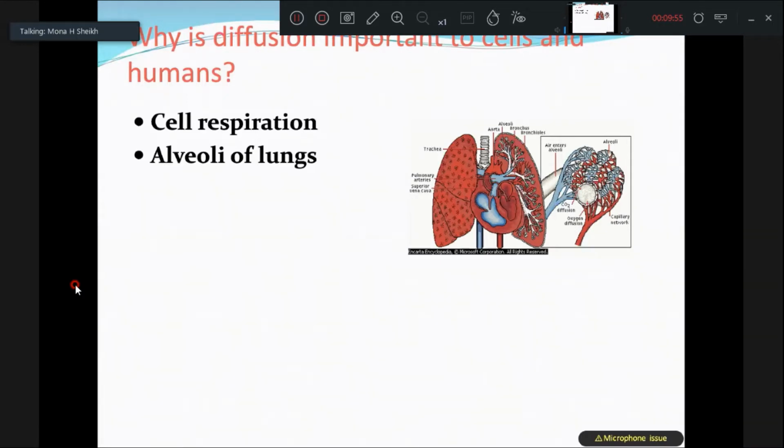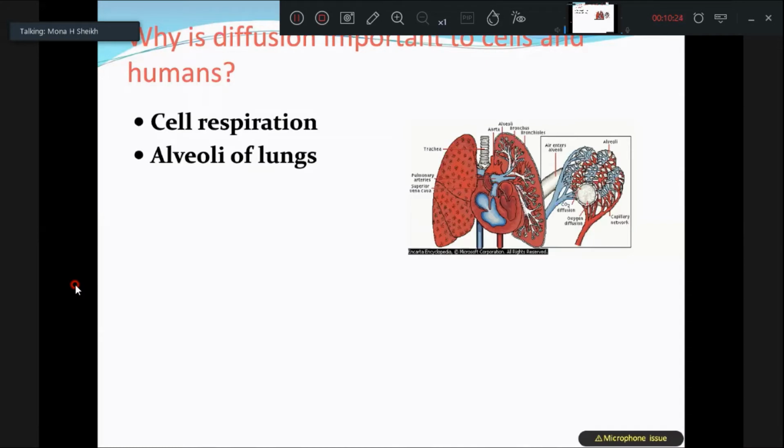So it comes to the alveolus, and the diffusion takes place here. This is one alveolus. It's full of oxygen, and the diffusion takes place with the pulmonary artery. So the pulmonary artery brings the carbon dioxide filled blood from all over the body, and it exchanges here and it goes in the pulmonary vein to the left side of the heart to go to the rest of the body.